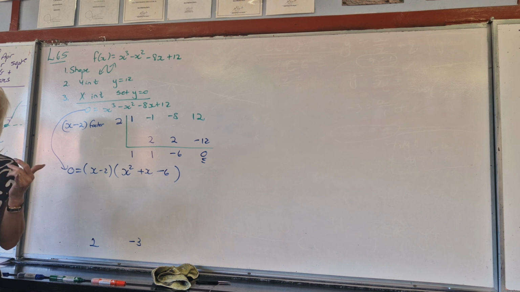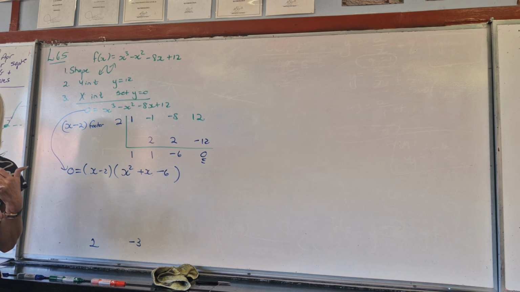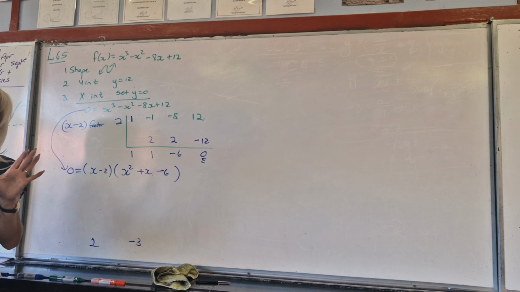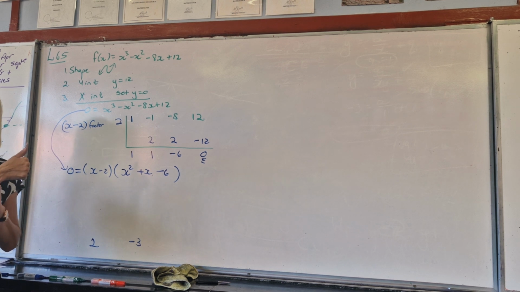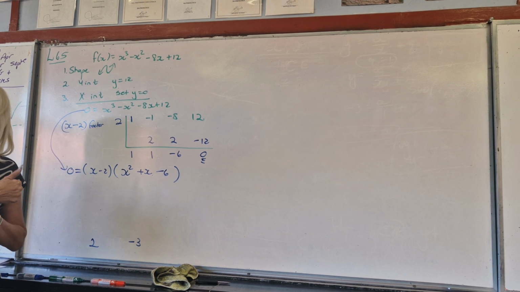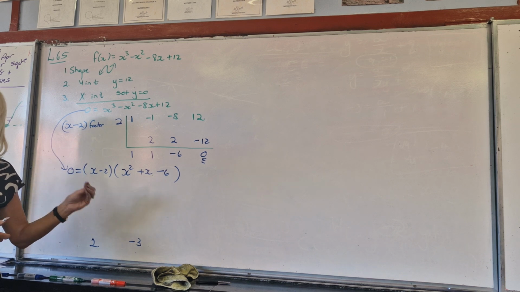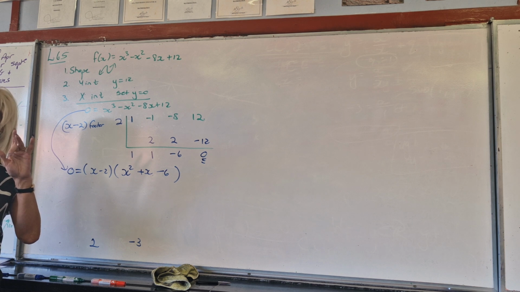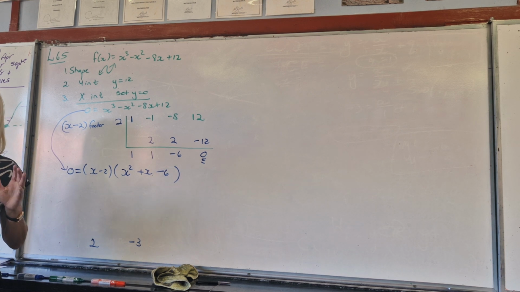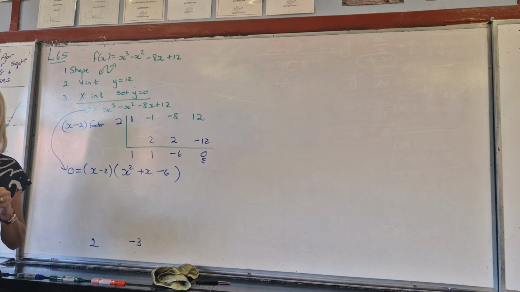You have taking out a common factor, difference of squares, trinomial, grouping, sum and difference of cubes, and then when it's the cubic one, you need synthetic division, the remainder and factor theorem, Bateman. Okay, so trinomial is actually James Bond and Bateman, they're both together in factorization.